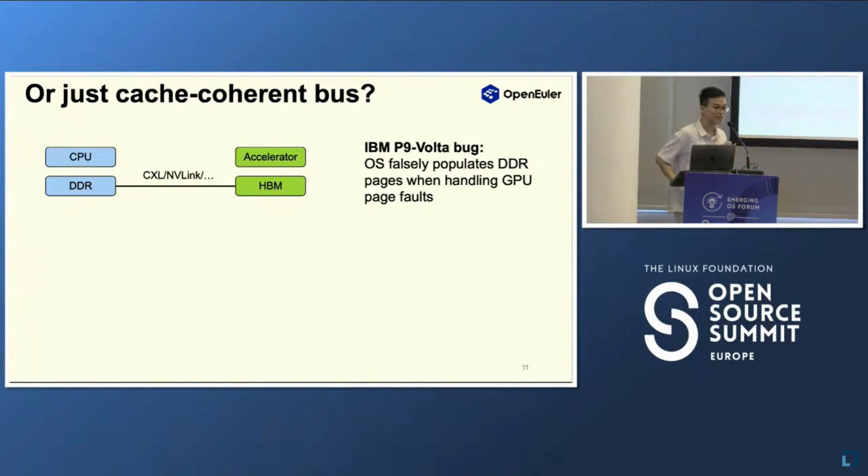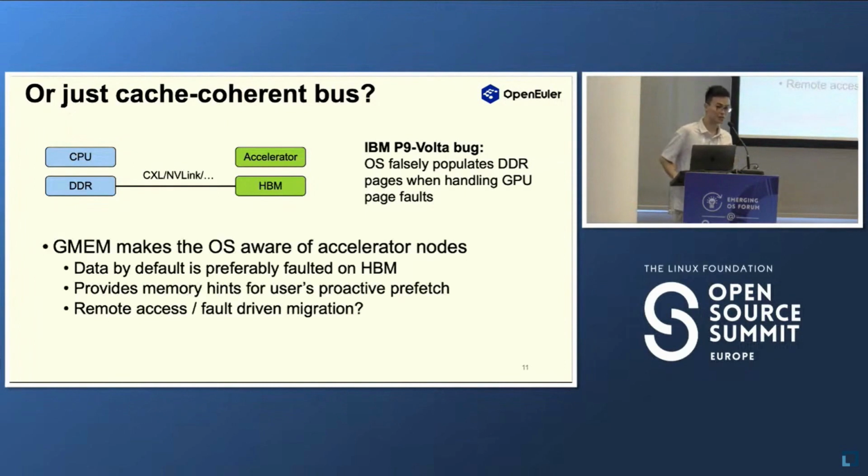And the bug basically says, when I trigger a page fault from my GPU node, the operating system populates CPU DDR pages corresponding to that GPU page fault. So your GPU then continues to use the slow bandwidth from the CPU node. And that's a terrible bug, and it's only because the operating system is not aware of the GPU node.